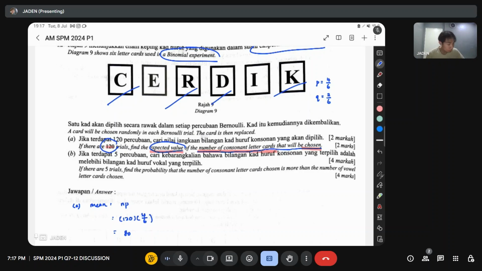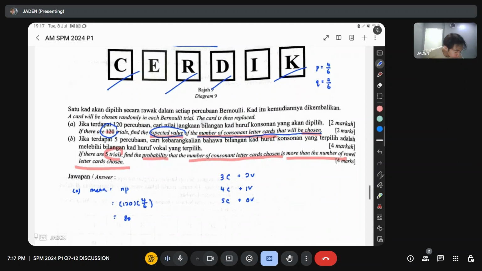So B, if there are 5 trials, find the probability that the number of consonant letter cards chosen is more than the number of vowel letter cards chosen. You have 5 trials. If you want consonant more than vowel, that means 3 consonants with 2 vowels, 4 consonants with 1 vowel, 5 consonants with 0 vowel.